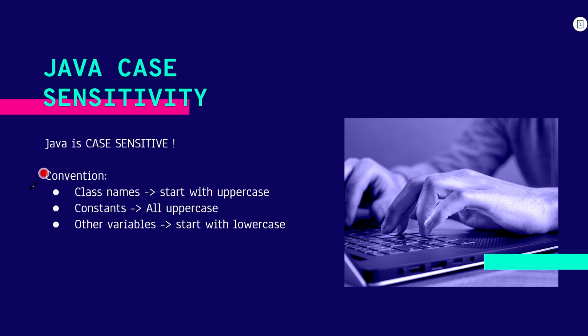Java also has naming conventions. For instance, class names should start with an uppercase letter. Constants, for instance maximum or minimum, should be all uppercase. And other variables should start with a lowercase letter.